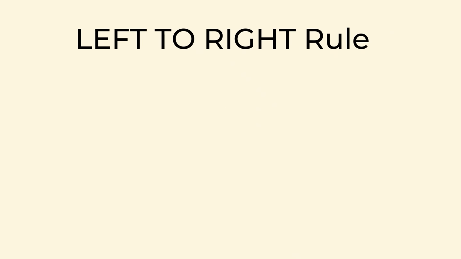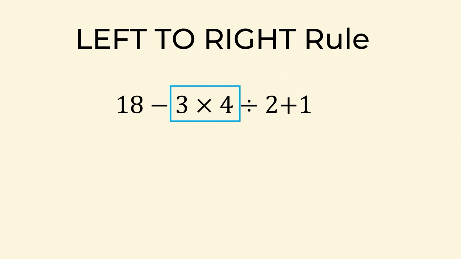Now for the most crucial training example, one that directly mirrors our viral problem. Our expression is 18 minus 3 times 4 divided by 2 plus 1. Step 1. We scan and see only multiplication and division from tier 3. We must start on the far left. The first operation we hit is 3 times 4.